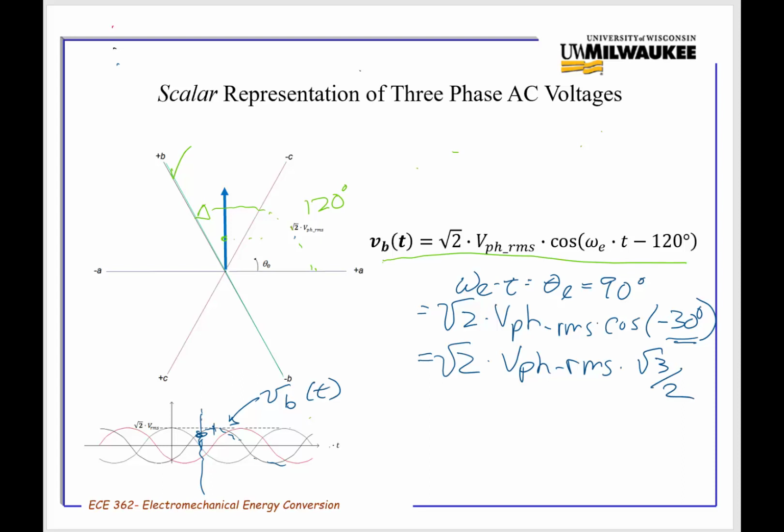That's what the cosine of 30 is. So this is about 0.866, so we're almost 90% of the peak. That's definitely what we see down here, reflecting that onto that point.